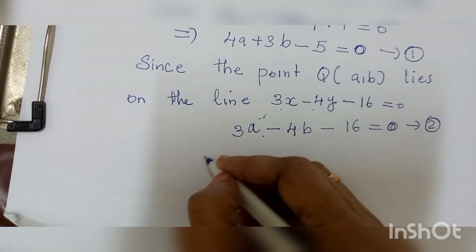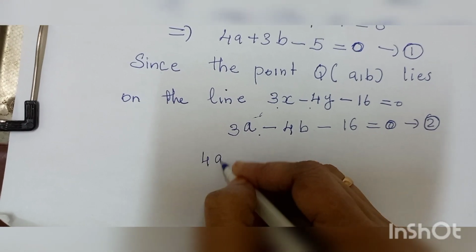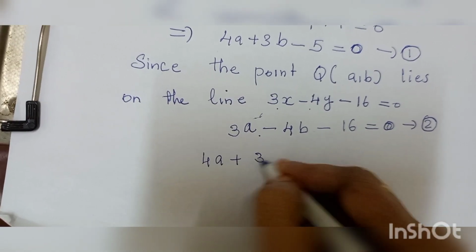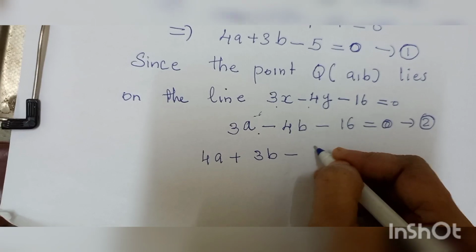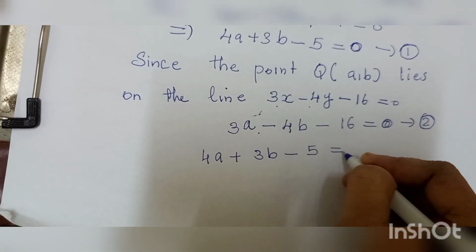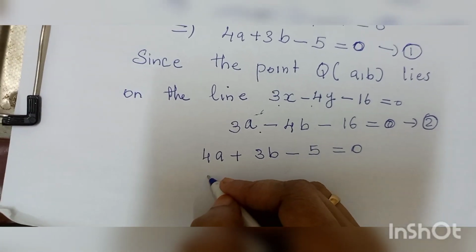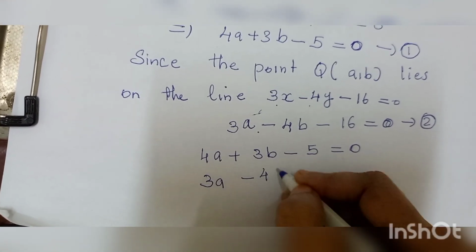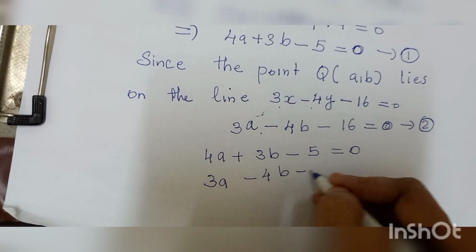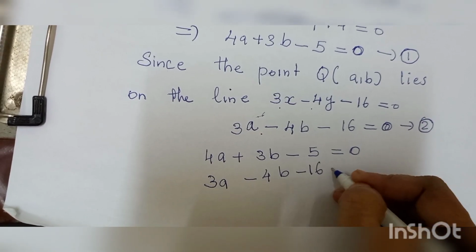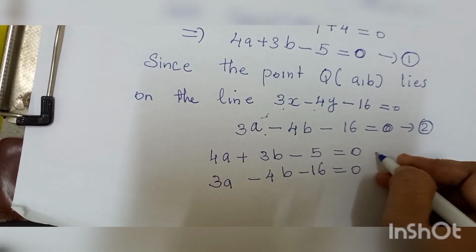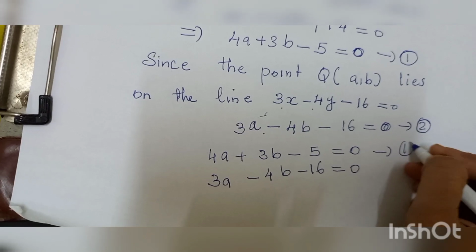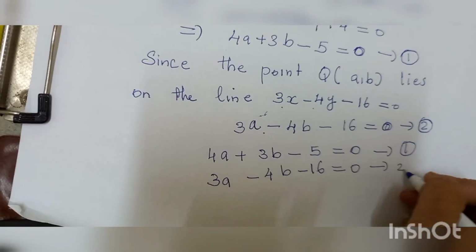Let's do it: 4a plus 3b minus 5 is equal to 0, and 3a minus 4b minus 16 equals 0. This is equation number 1 and this is equation number 2.